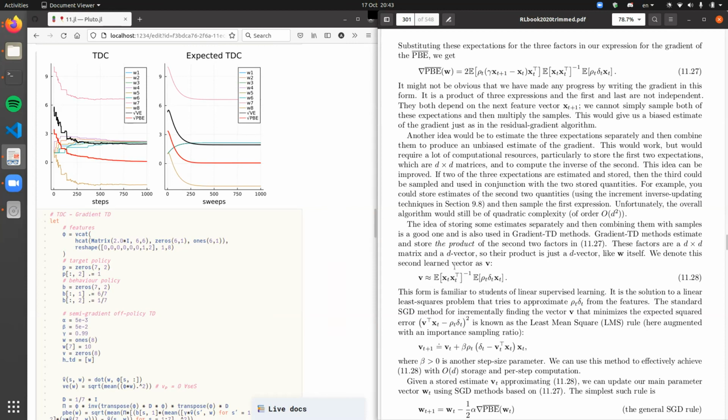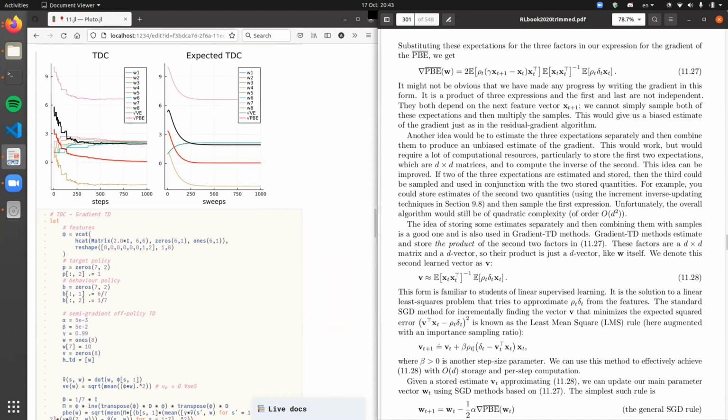This expectation depends on the distribution of the data, so we can update it iteratively. Each time we have a new sample, we just update this vector, and therefore we have a stored expectation of this quantity.